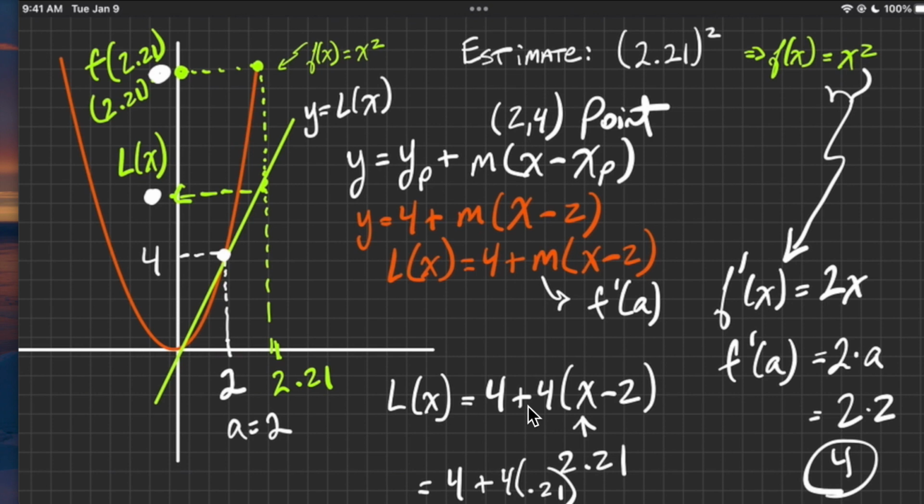And when all the smoke clears, when we do all the math, we're going to end up with a value of 4.84. Now, if we plugged in 2.21 squared in a calculator, we would end up with 4.88.